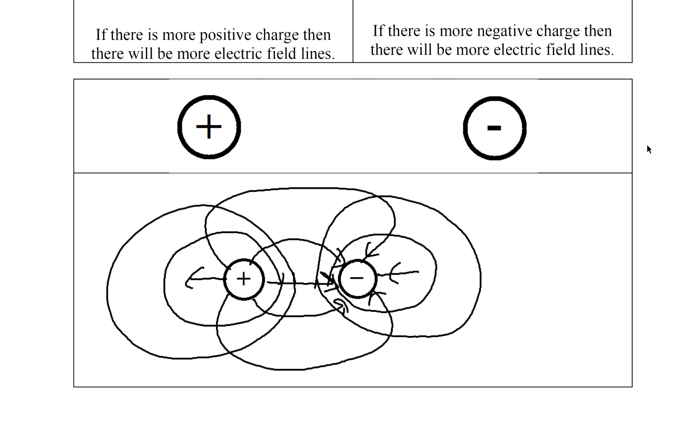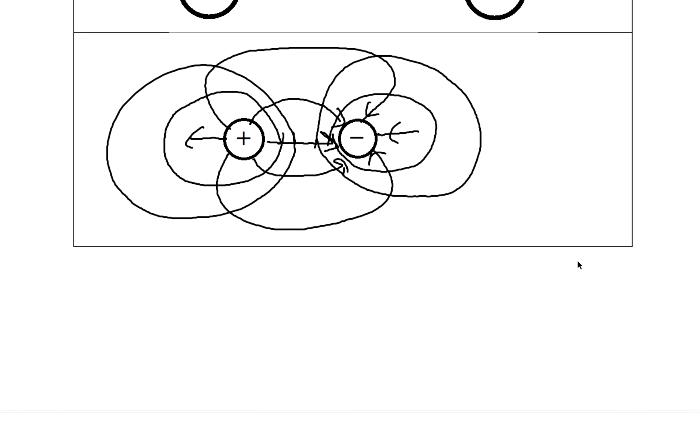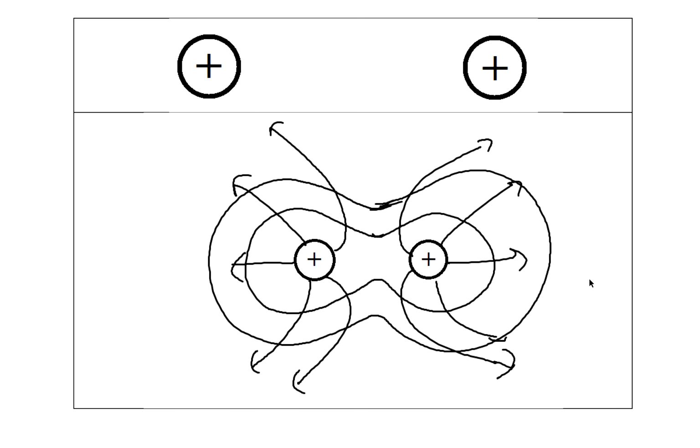If you have a positive and a negative charge, remember, electric field lines tell us the direction a positive charge moves. So the positive charge repels the positive charge, and the negative charge attracts the negative charge. If you have 2 positive charges, you could see the electric field line looks like this. Remember, electric field lines are the lines with the arrows.